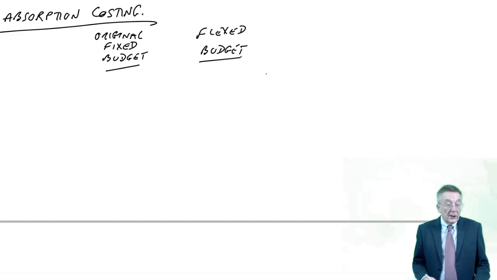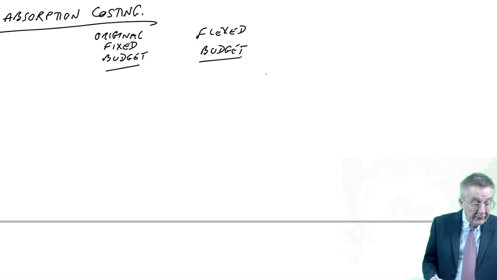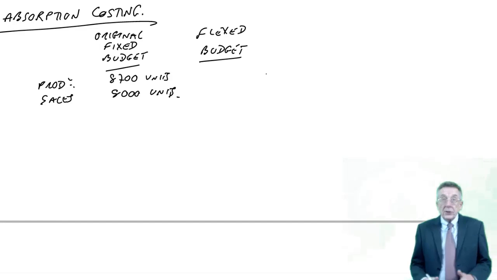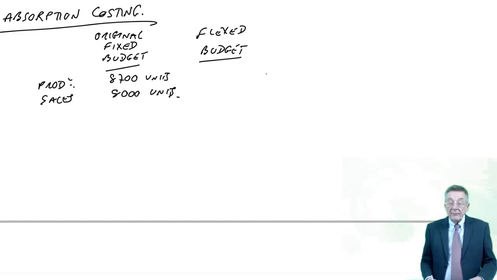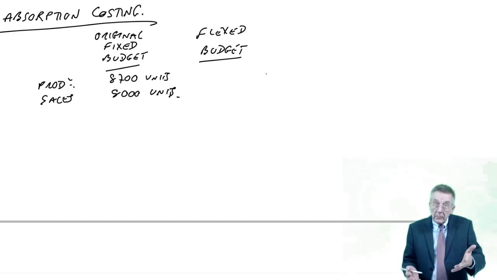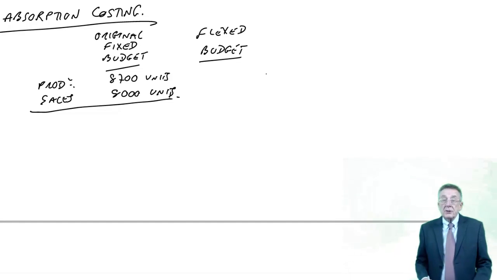And just so I don't get lost, remember in the original budget, the fixed budget, in units, we were budgeting on production of 8,700. We were budgeting on sales of 8,000. And surely, it says there was no opening inventory, so if we produced 8,700 and only sold 8,000, there will be closing inventory of 700 units. Anyway, that's just so I don't get lost.